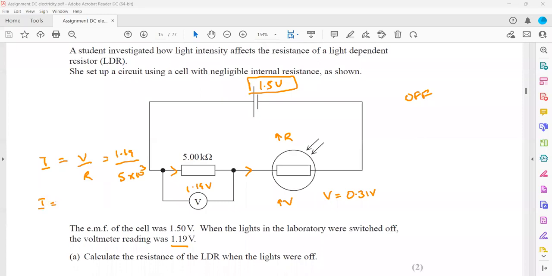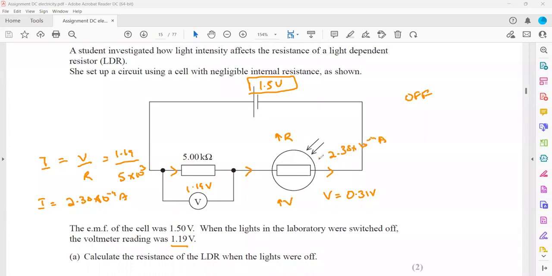When we divide, we get the current, which is 2.38 × 10^-4 ampere. This will pass through the fixed resistor, and the same amount of current will pass through the LDR because they are in series. When two components are in series, they have the same current, so the current is 2.38 × 10^-4.